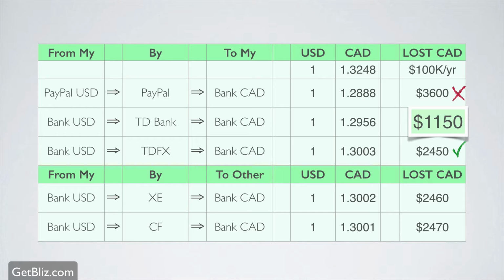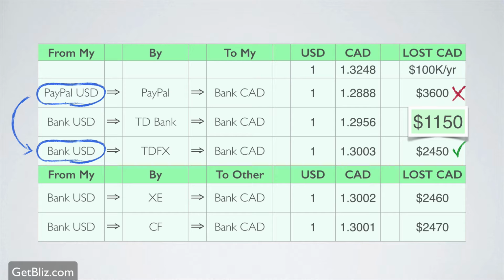Now to recap, the system that I use right now, so if you're Canadian, this is going to make sense to you. I go from my PayPal account and I transfer my US dollars, which is the way I get paid the most, directly to my business account in US dollars, and there's no fee for doing so because there's no exchange.